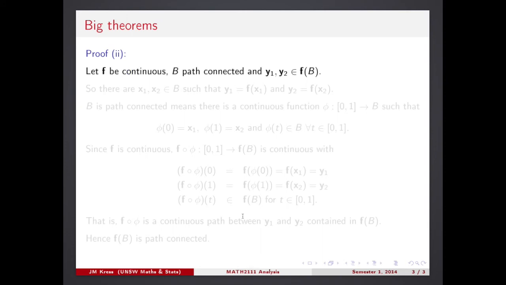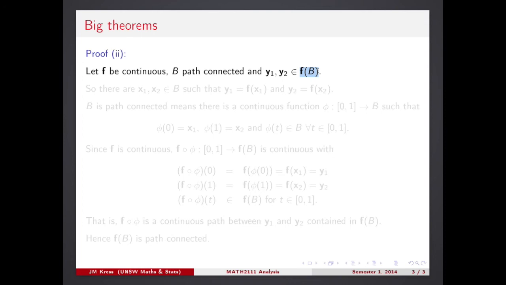So this time we assume f is continuous and B is path connected. And I have to convince you that the image of B will also be path connected. So I take two points in the image of B, y1 and y2. I need to produce a path connecting these two points. And I'll do it through B itself.